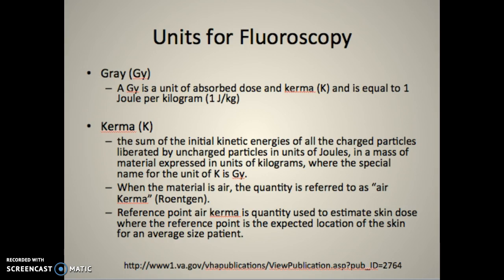Okay, so reference point air kerma is a quantity used to estimate skin dose, where the reference point is the expected location of the skin for an average patient. So we're going to cover the FDA also and what they're talking about, along with our syllabus from the state, and we're going to dive deeper into this, but I kind of wanted to introduce the kerma to you. There's the kerma with absorbed dose, there's the kerma in air, so it's a unit of dose.